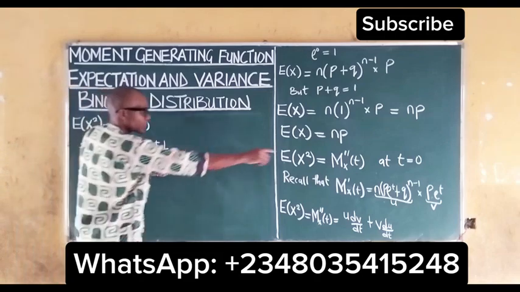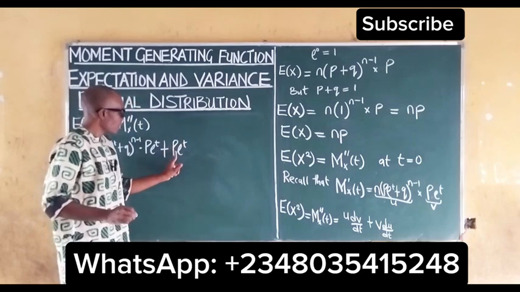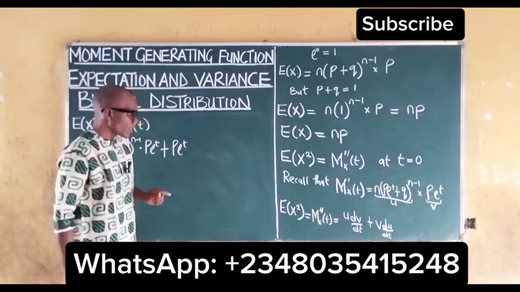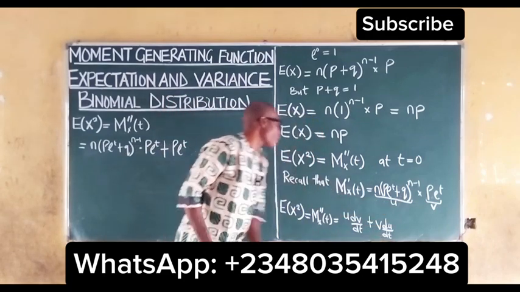Plus we have v, which is pe^t, that means p multiplied by exponential t, multiplied by du over dt. So we differentiate this again, du over dt.